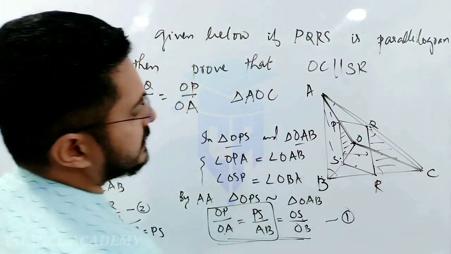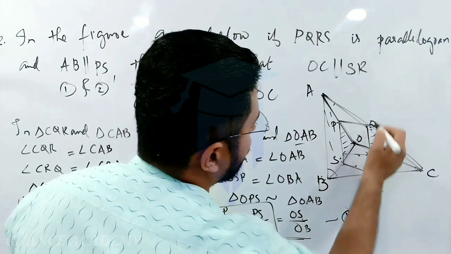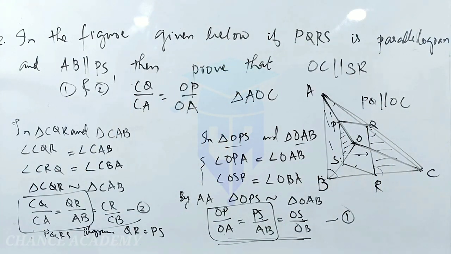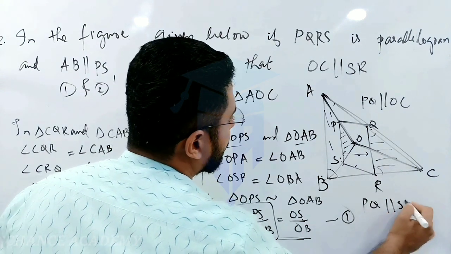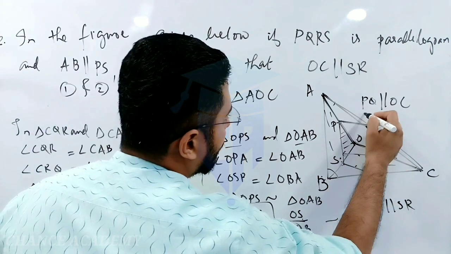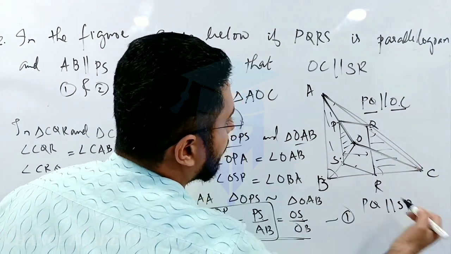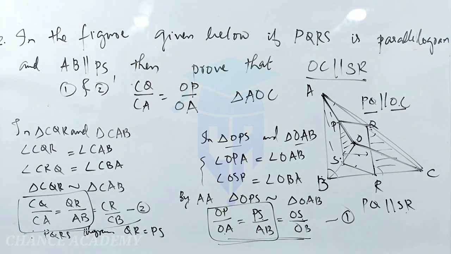I am stating that this side PQ is parallel to OC. And if PQ is parallel to OC and PQRS is a parallelogram, PQ is parallel to SR. We know that PQ and SR are parallel, and we got PQ parallel to OC. Then we can conclude that OC will be parallel to SR. So hence proved. That's what we need to prove.